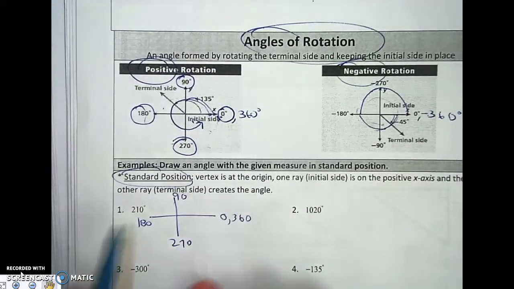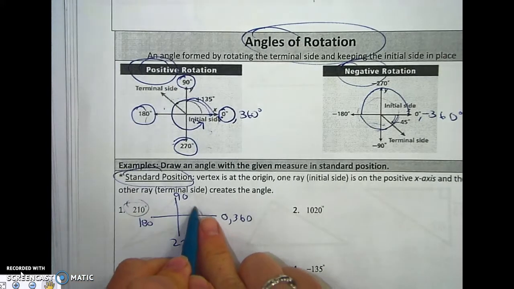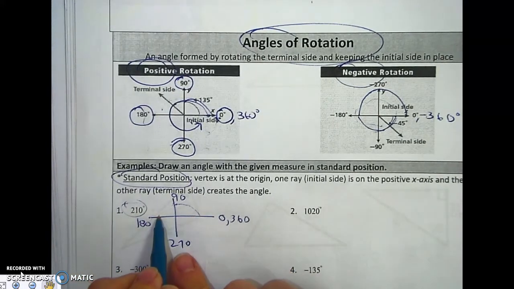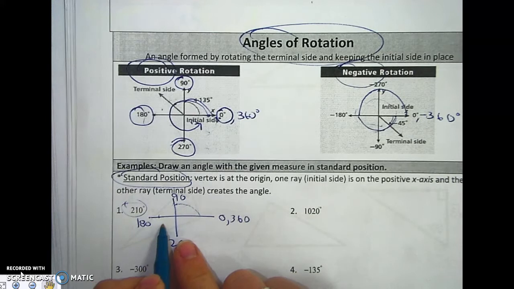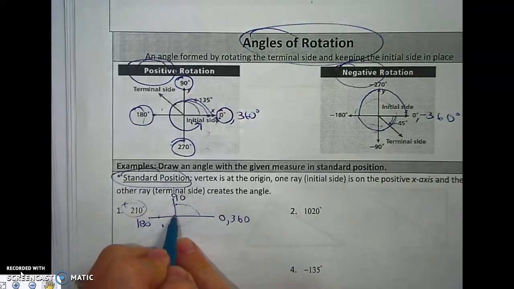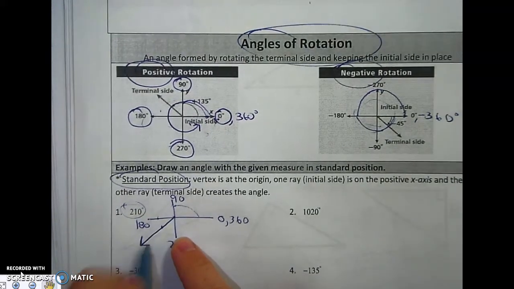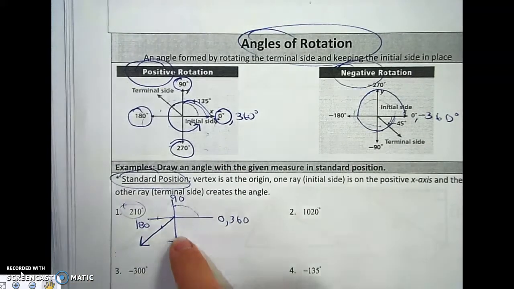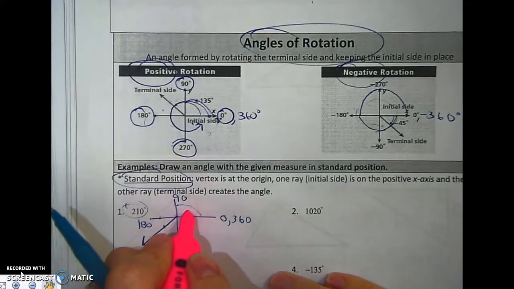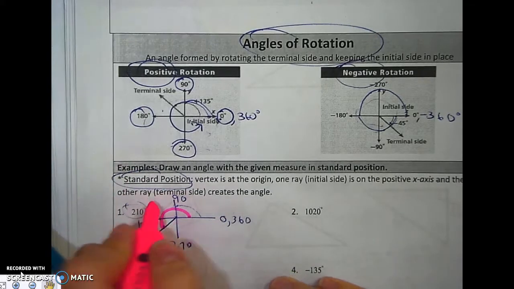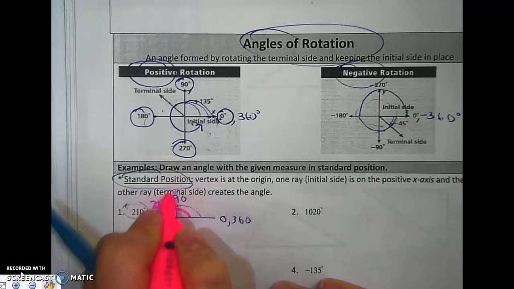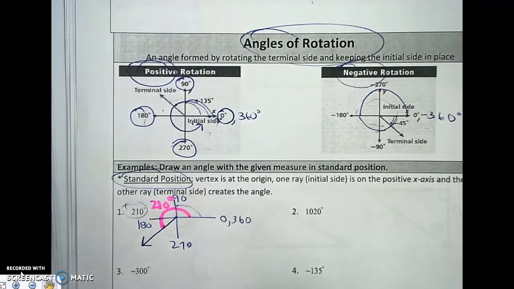Now if I'm going 210 degrees, that means I'm going past 90, past 180, and then 210 is about here. We're guesstimating. So from the origin, you draw a line, and then you're going to go like this and show that you started here and got to here, and it's 210 degrees. And that's the answer. Okay?